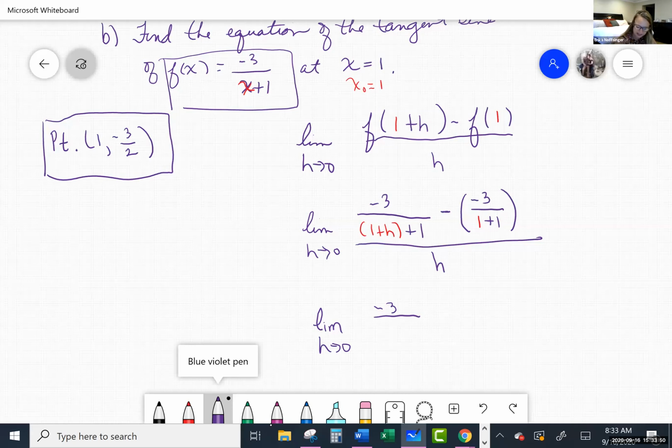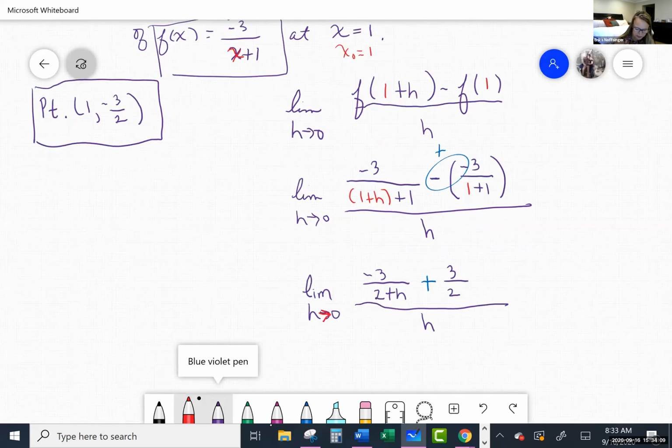So notice as your h value is approaching 0, we can say that this is the same thing as negative 3/2 plus 3/2, which is 0, all over 0.